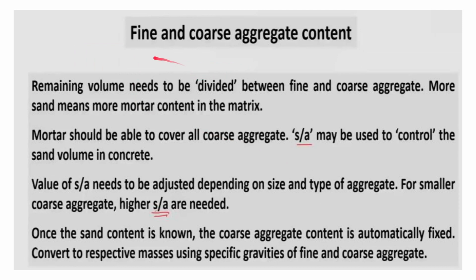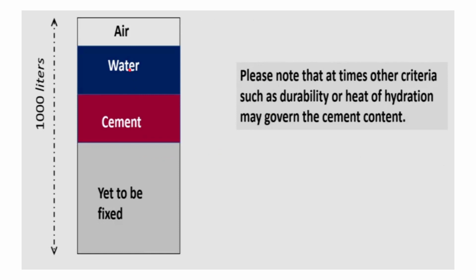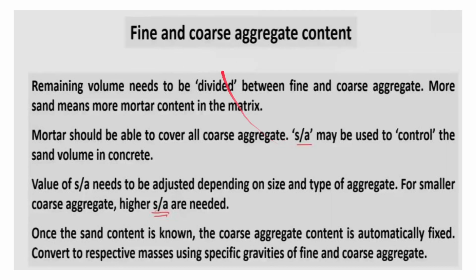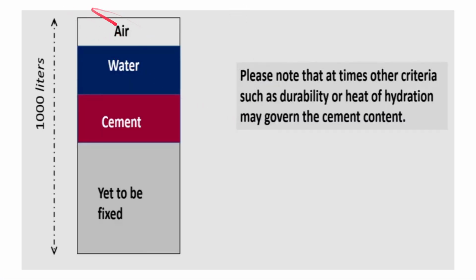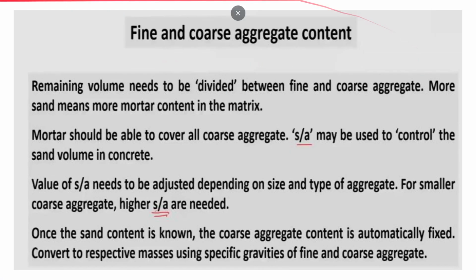So now let us go to the fine and coarse aggregate content. The remaining volume basically will be fine and coarse aggregate. The problem is that what we have calculated till now, water and cement, are mainly in weight, while air is not present in weight, so we need to find everything in volume.